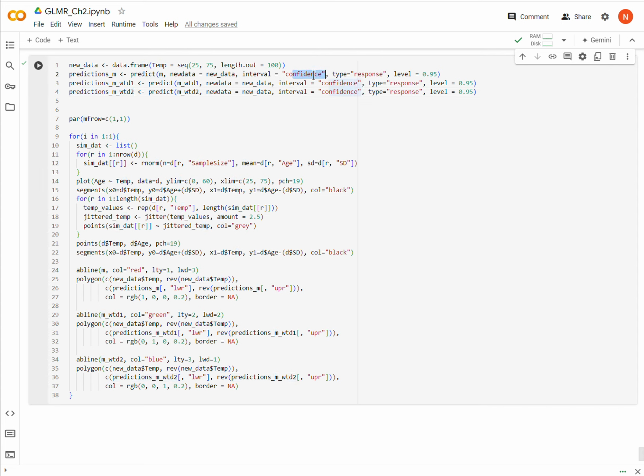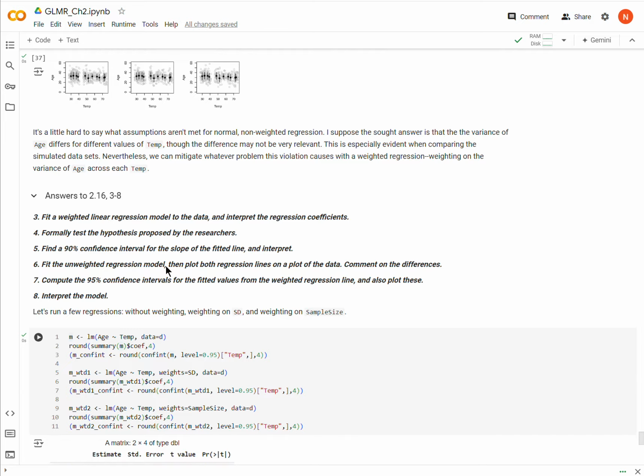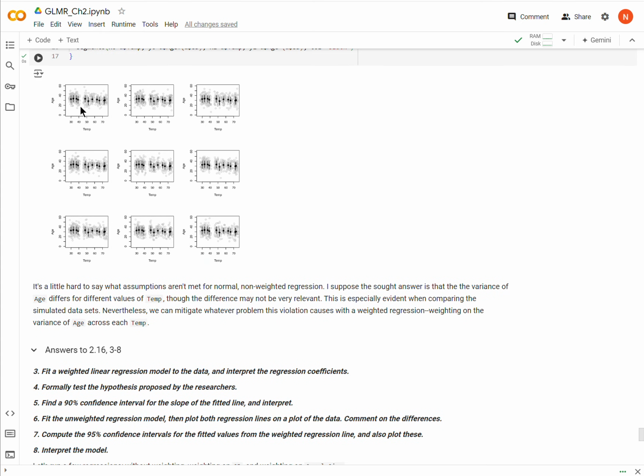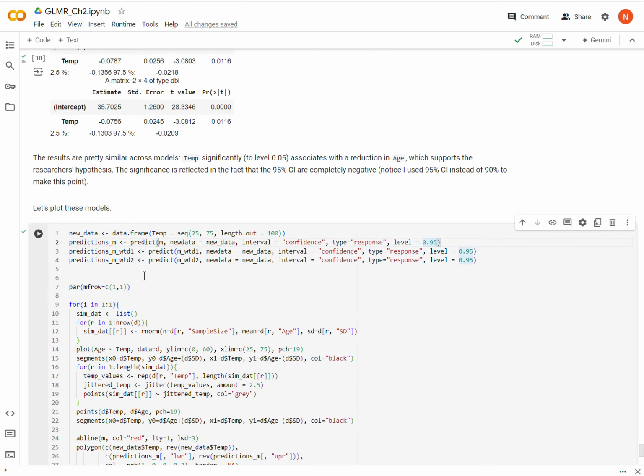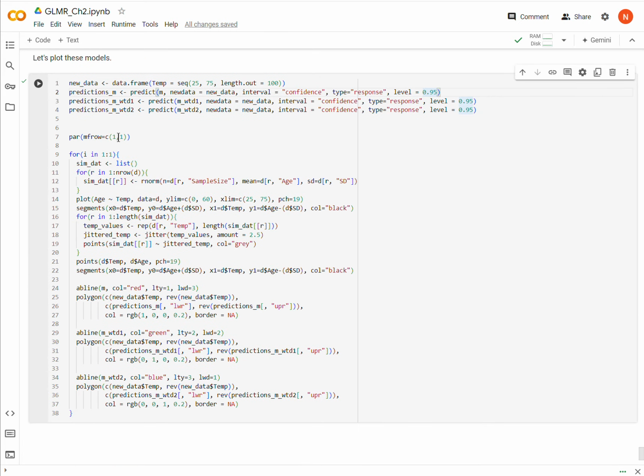I'm going to make confidence intervals for the response at a level of 95%. All of this is wrapped in a for loop so that we could make many. Just like up here, I made 9 plots so we could see how the simulated data could look. Here I'm just going to run it once, but you could adjust these values so you could make it 3 by 3 and then go 1 to 9 or whatever. But let's just look at this.